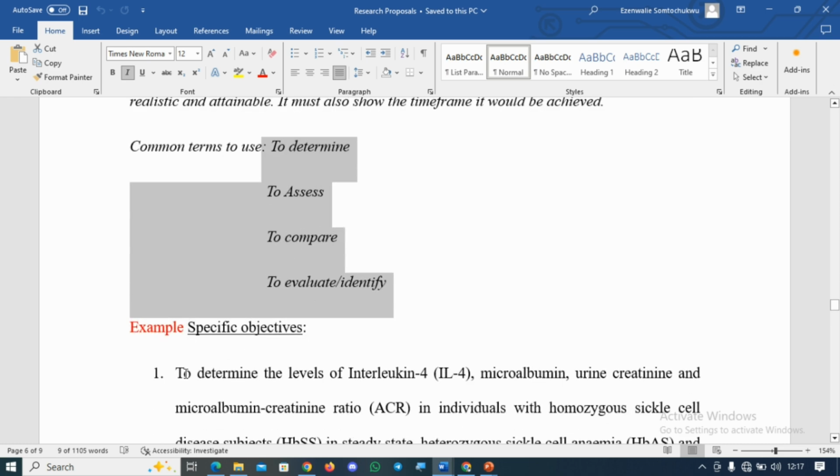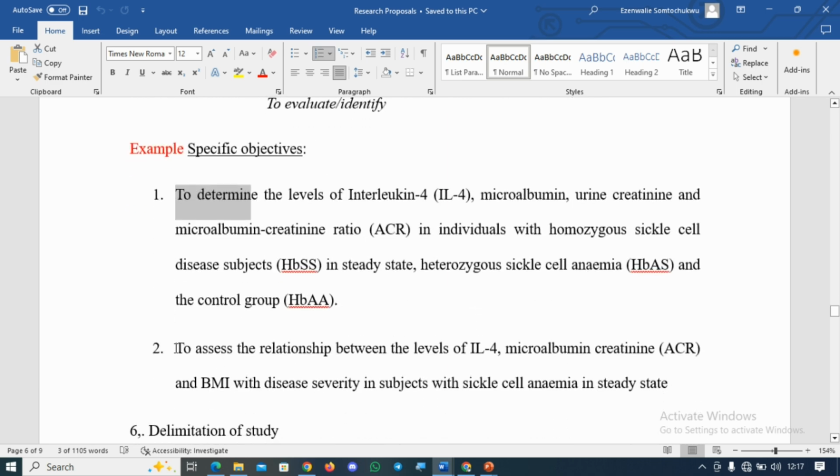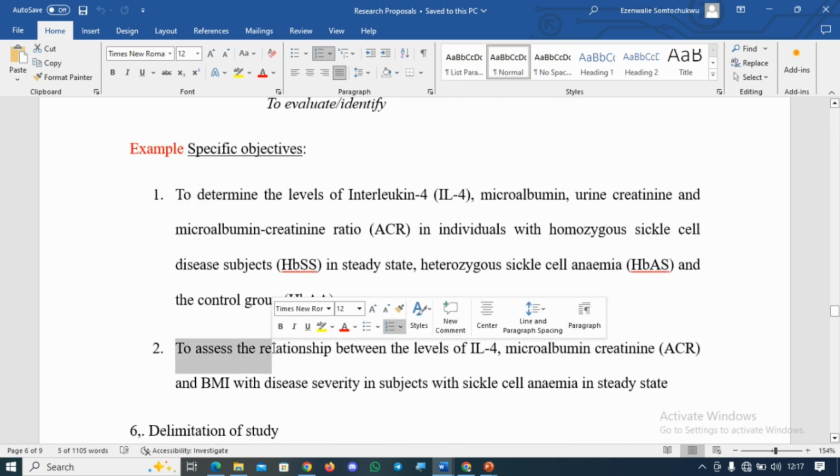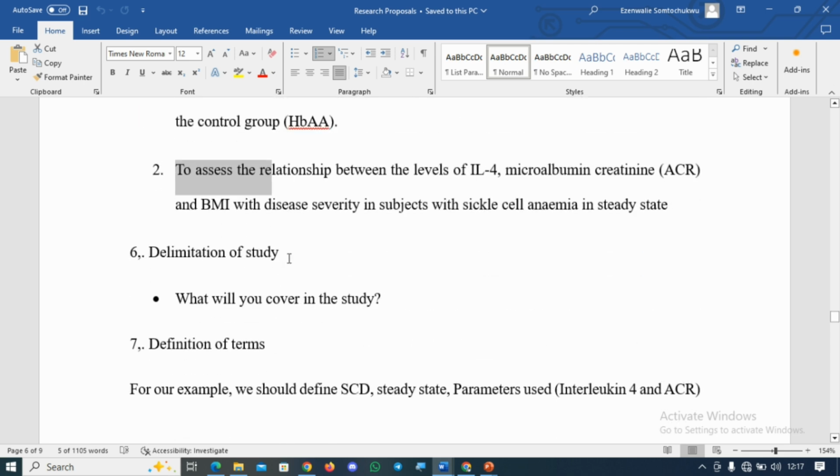Next should be the limitation of study. Here you're primarily trying to say specifically what your research will cover, the areas your research will cover. For instance, if you're only covering adults, or only covering children, these are areas you have to mention specifically.